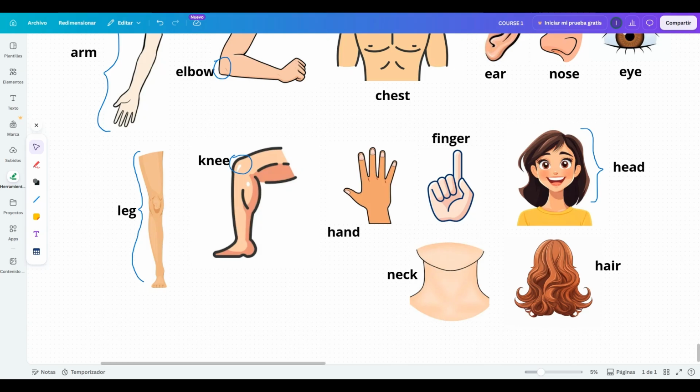Face, face, face. Which picture can we use for the face?